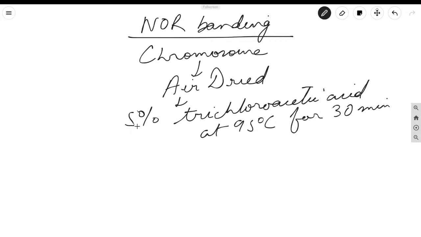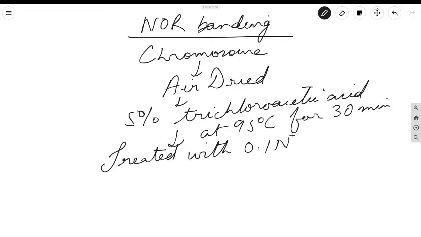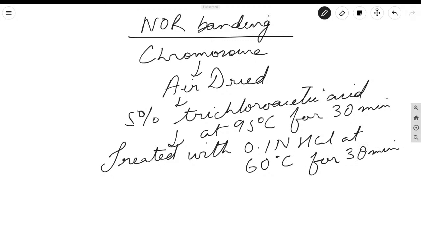Then it is treated with 0.1 normal HCl at 60 degrees Celsius for again 30 minutes. Then what you get is the banding pattern.